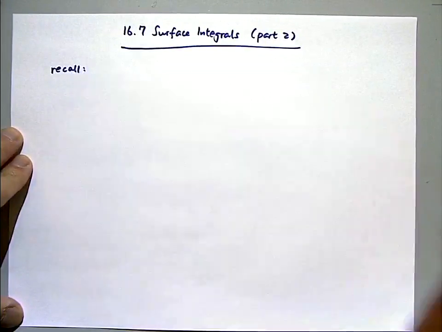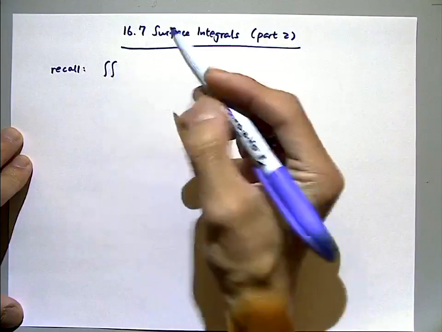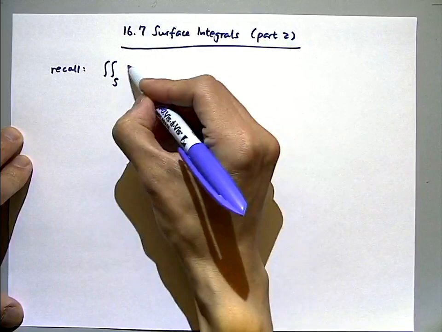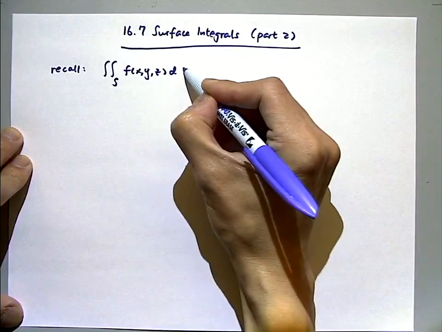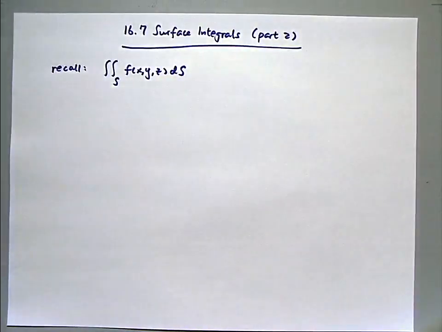So what we did, remember we're dealing with this kind of thing here. We're integrating some function f of x, y, z in a scalar field over some kind of surface.